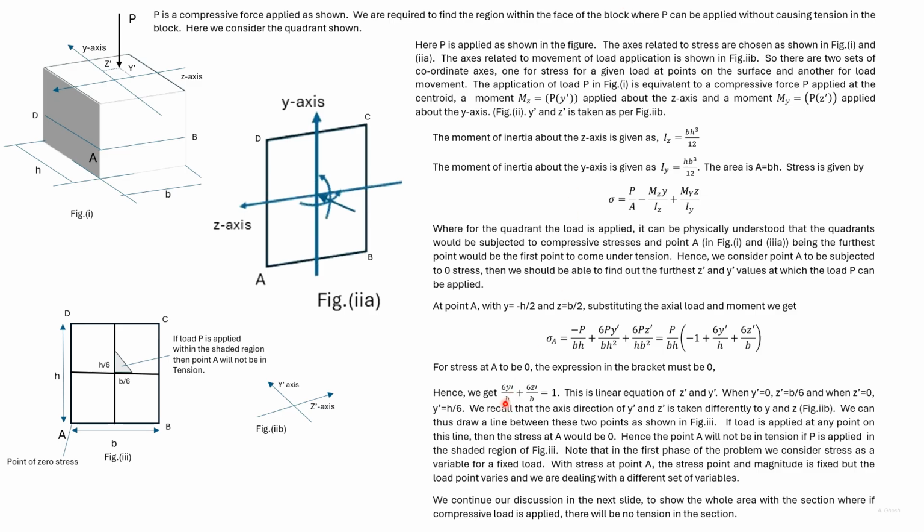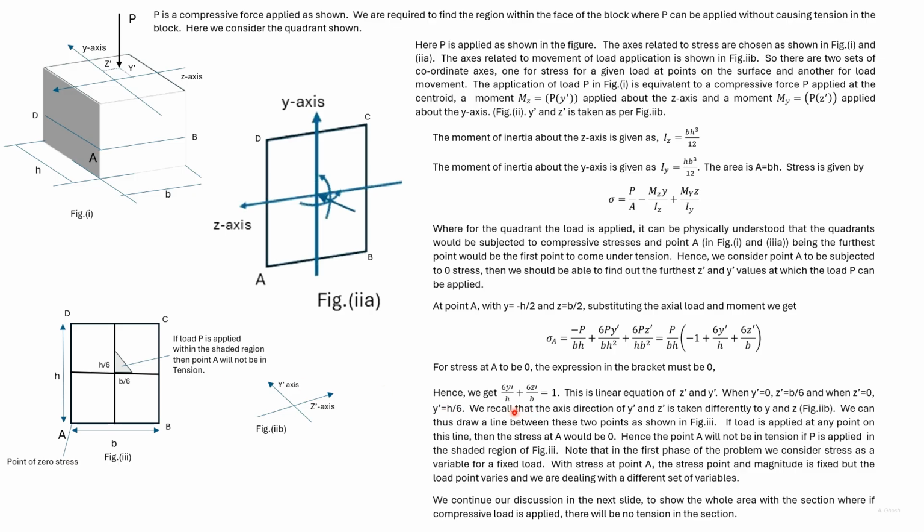So we substitute y dash is 0 and we get z dash is equal to b divided by 6, which we plot here. We then substitute z dash is equal to 0 and we get y dash is equal to h by 6, which we plot here.